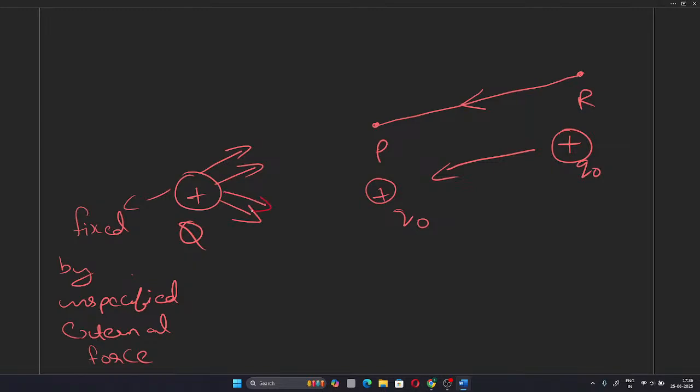I'm mentioning the electric field here. It will always be there because there is a charge here. We are bringing this Q naught test charge from R to P against this electric field. As there is repulsion between positive charges, we need to apply a force to bring it from R to P in the direction of the capital or main charge.